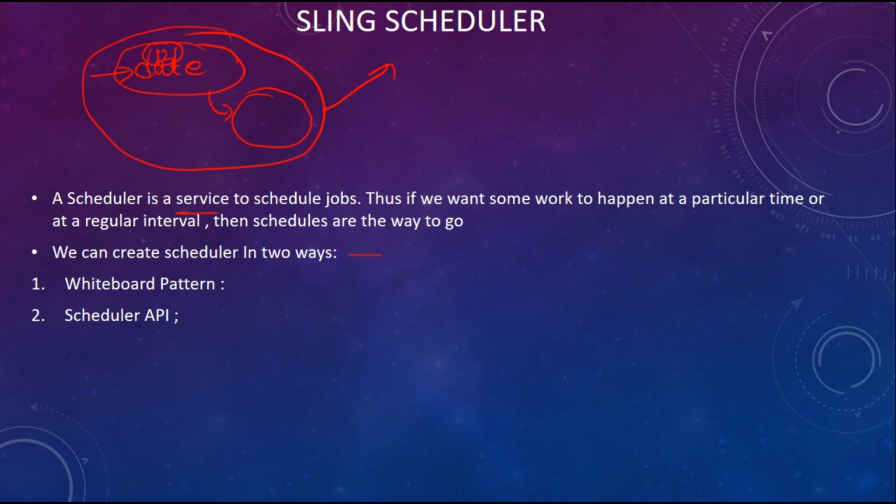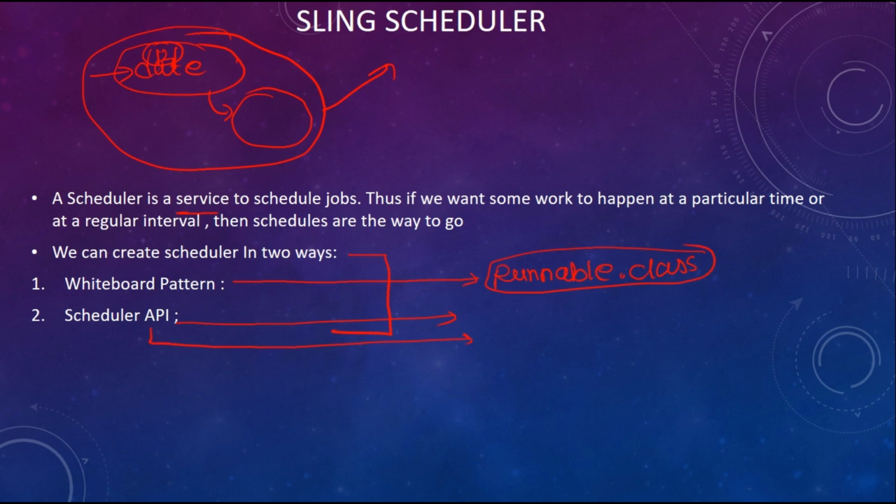Okay, we have two ways of creating a scheduler: by using the whiteboard pattern or by using the scheduler API. In the whiteboard pattern we use a runnable, here we have a Runnable interface. After that we have the scheduler API, where they have provided some classes and interfaces for creating the scheduler.